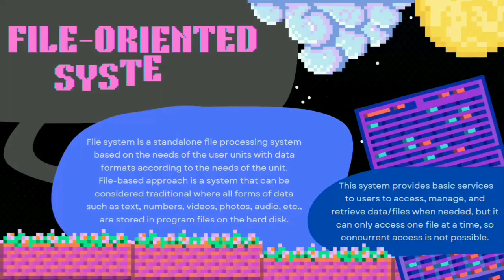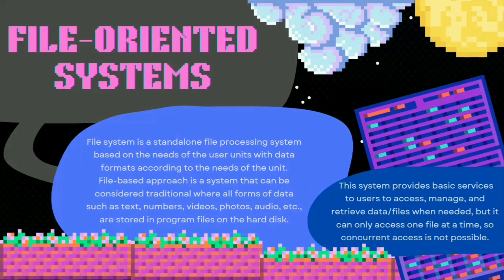And then file-oriented system. A file system is a standalone file processing system based on the needs of the user unit, with a data format according to the needs of the unit. The file-based approach is a system that can be considered traditional, where forms of data such as text, numbers, video, photo, audio, etc. are stored in program files on the hard disk.